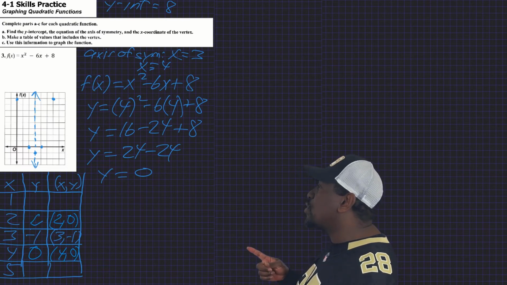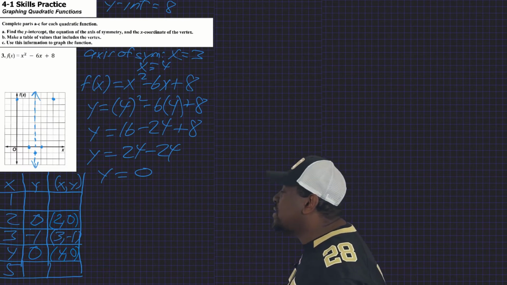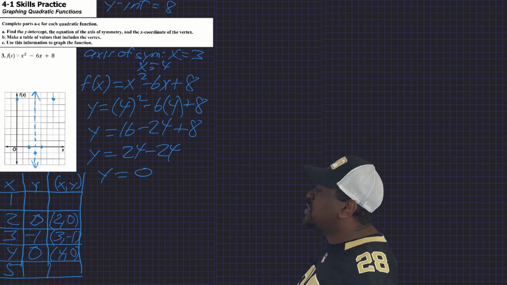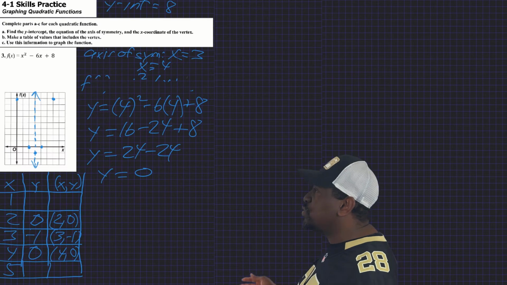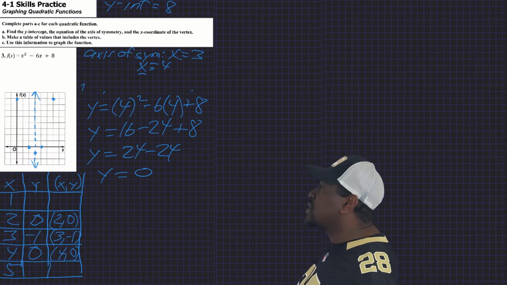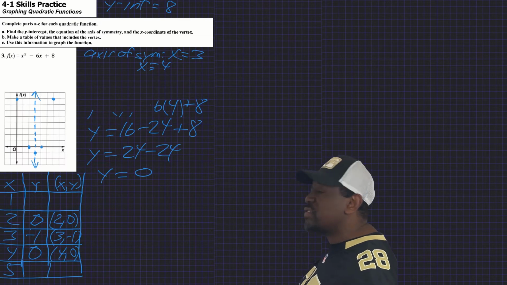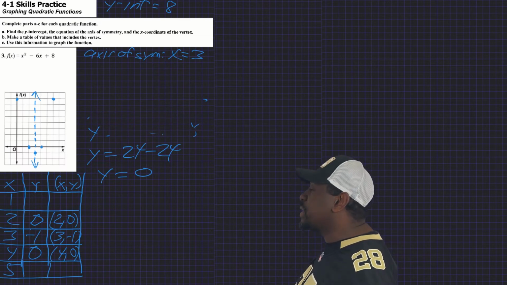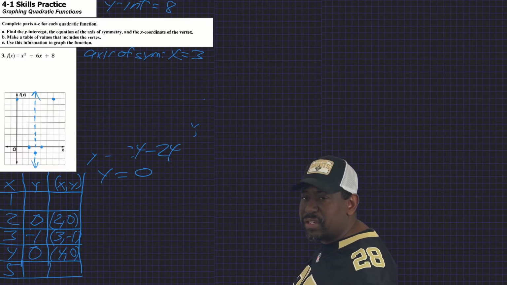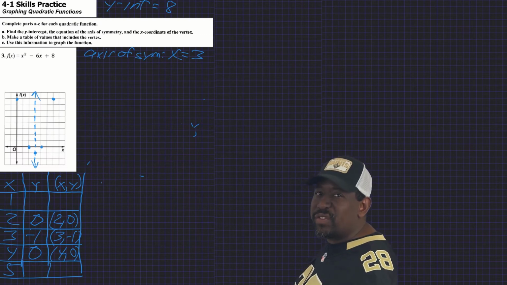They now appear on the graph. We fill it out in the table, and we put it on the graph using both. So we have a good way of checking to make sure the table is right by looking at the graph, and we can make sure the graph is right by comparing it to the table. It's a good way of allowing you to self-check, so to speak.